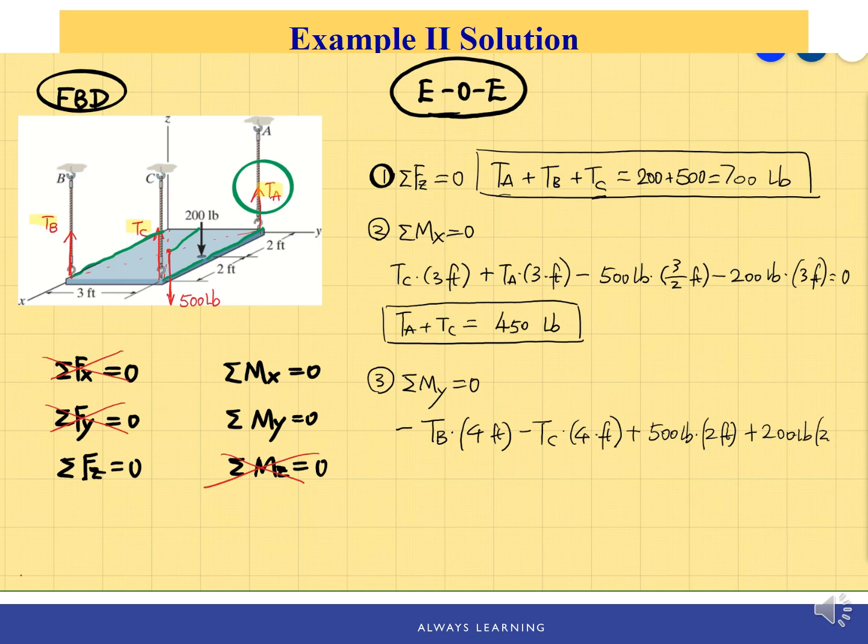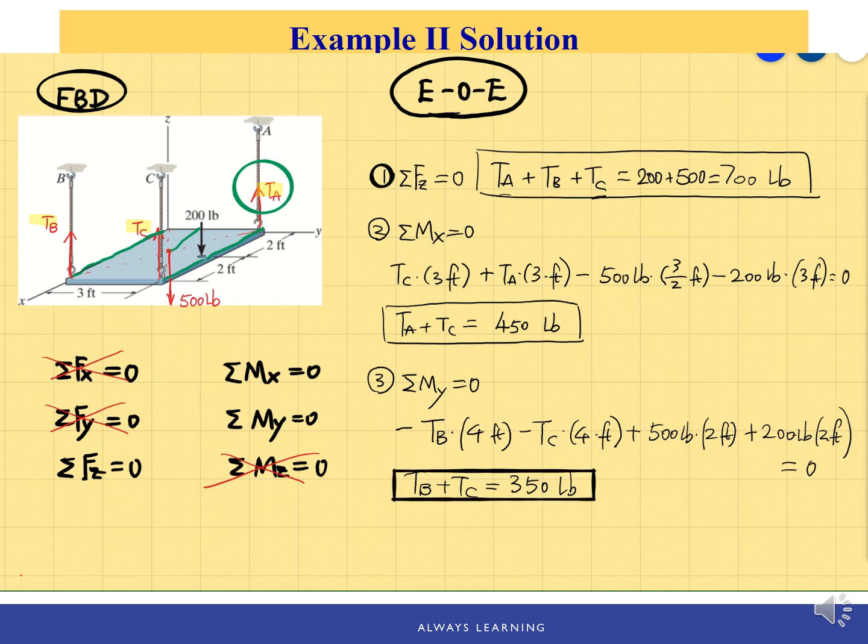Oh, sorry, the 500, yes, it's 2 feet. The 200-pound force is applied to the edge, but in the middle of the edge, so its moment is 0. Now we can simplify this equation. TB plus TC equals 350-pound force. And this is equation 3.